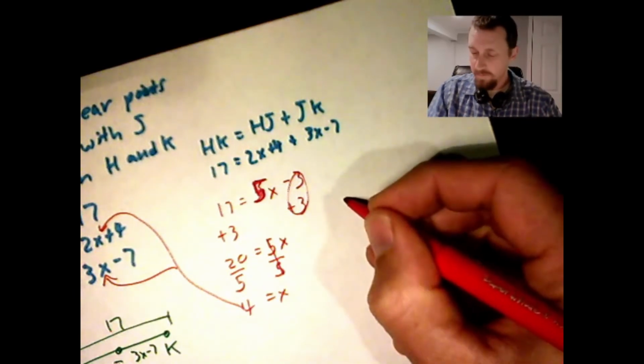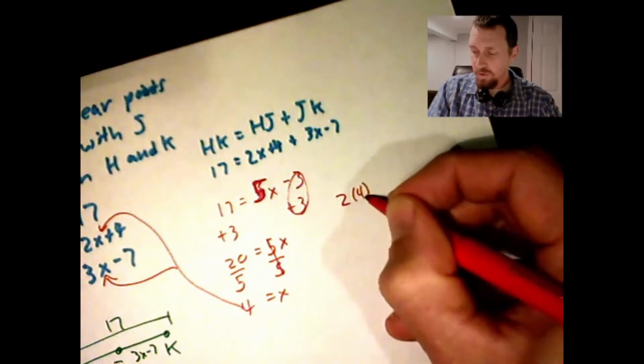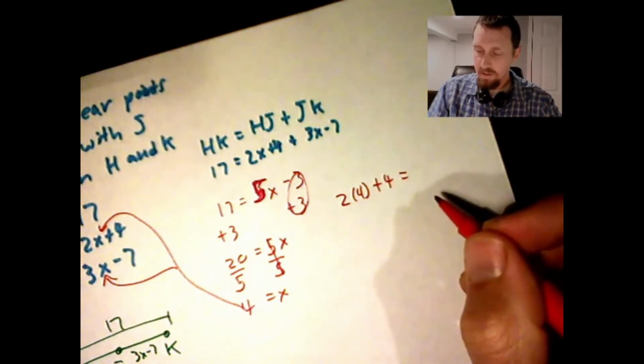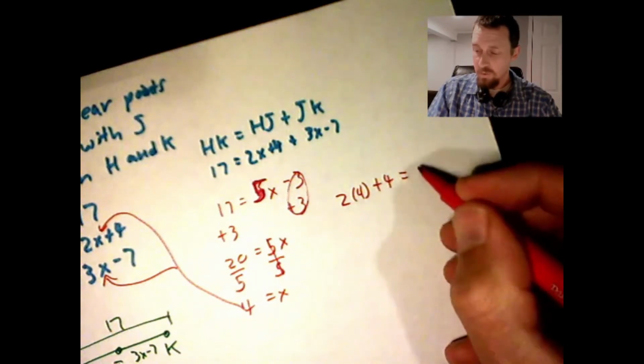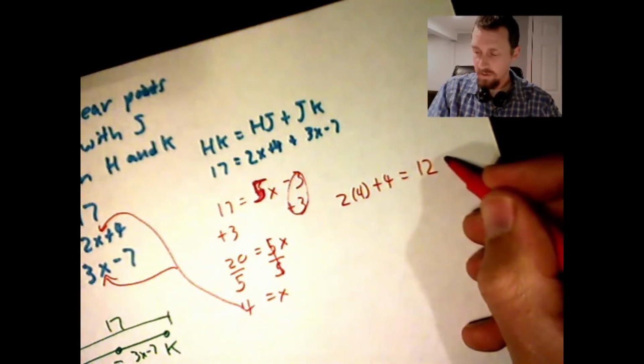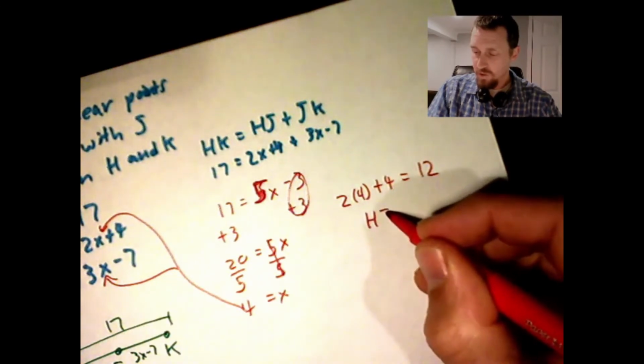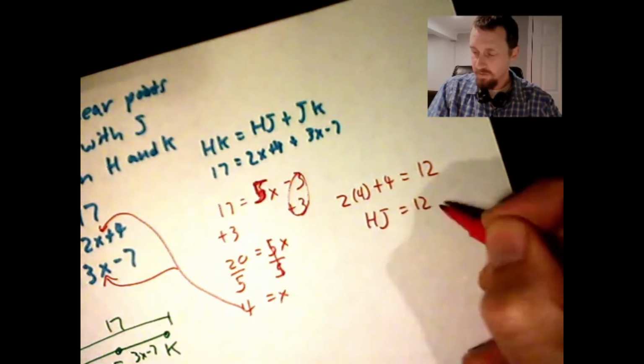Let's go ahead and do it. 2 times 4 plus 4 equals 8, 12. So the length HJ equals 12.